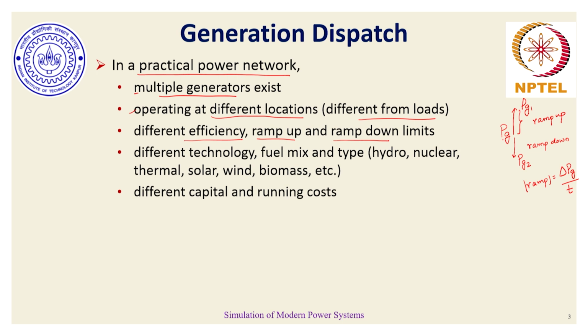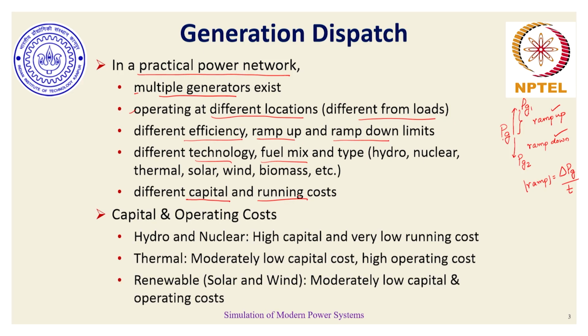Different generators have different ramp up and ramp down limits, different capacities. Their fuel mix technologies are different. Since the technologies are different, it's obvious that the investment cost and the running cost of these generators are also going to be different.